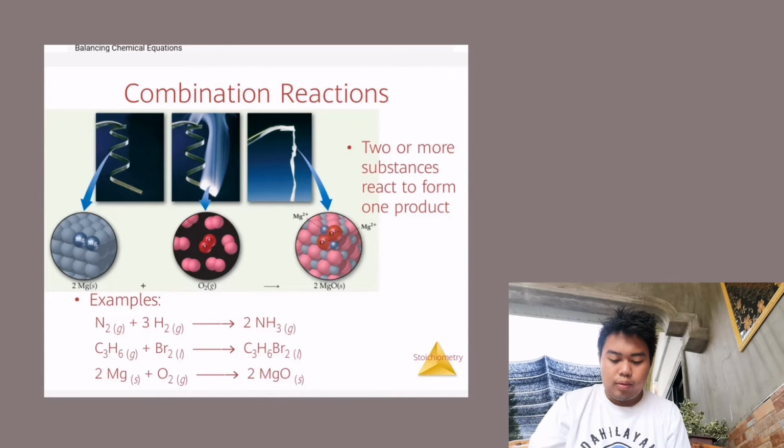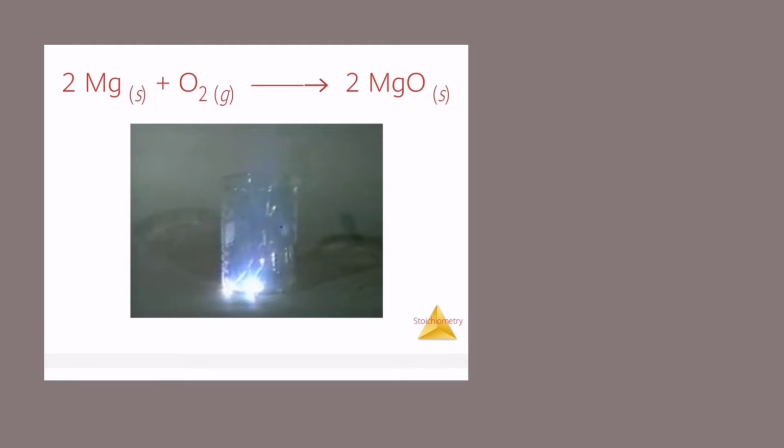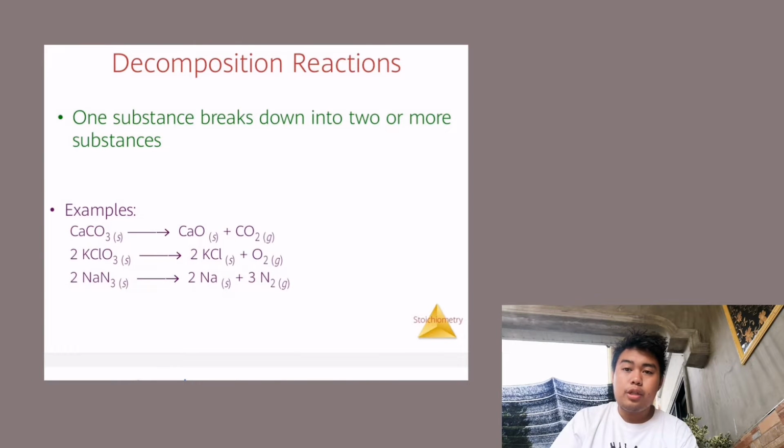Reaction types. Combination reaction: two or more substances react to form a product. Examples: nitrogen plus hydrogen equals NH3, calcium plus bromine equals calcium bromide, and 2 magnesium plus oxygen equals 2 magnesium oxide. Decomposition reaction: one substance breaks down into two or more substances.